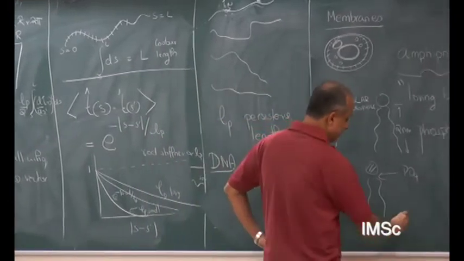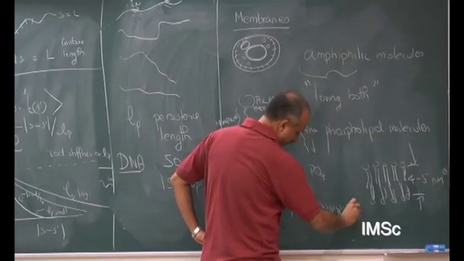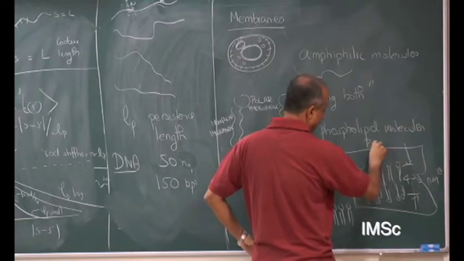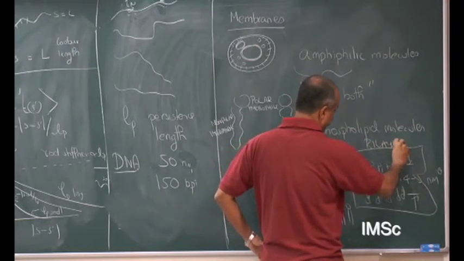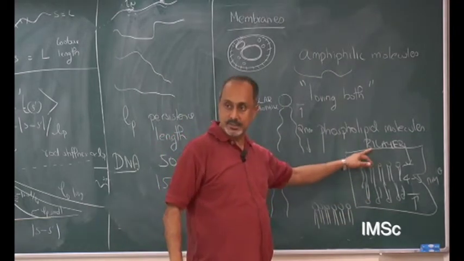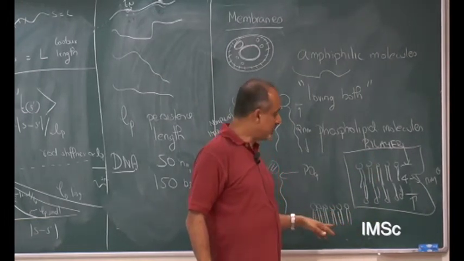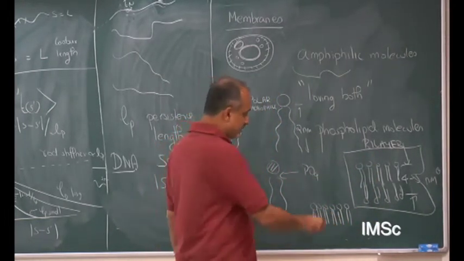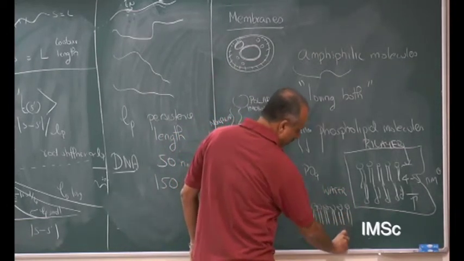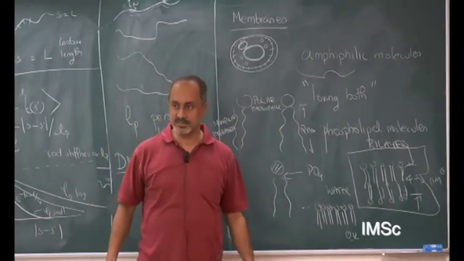A single layer would be something that looks like so. This is called a lipid bilayer. The reason it forms a bilayer is there is water both on the inside and the outside, which is why the head would like to be exposed to the water on both sides. If I had a water-oil mixture, this might like to sit at the interface between water here and oil here. So these structures would be formed under such circumstances.